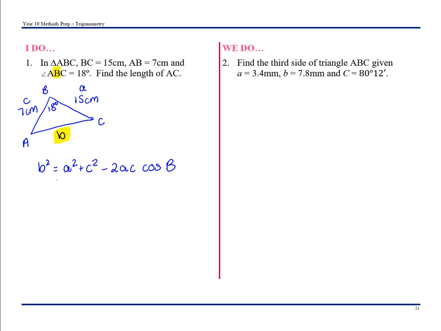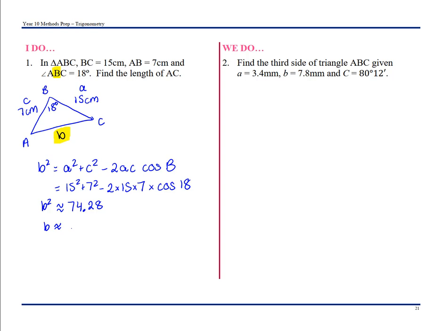I now substitute the information I've got. So I've got 15 squared plus 7 squared minus 2 lots of 15 times 7 times cos of 18. Go straight to your calculator and substitute the whole thing in. And you should get approximately 74.28. Now that's B squared.